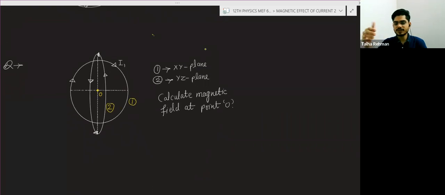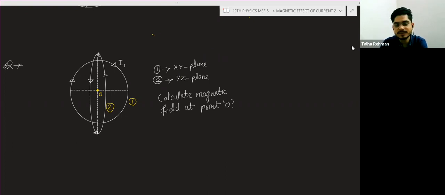So this question is the same as the question we have done earlier, but this time the plane of the coil has been changed. Your coil number one is placed in the XY plane. The XY plane is the plane of your screen or plane of your copy.